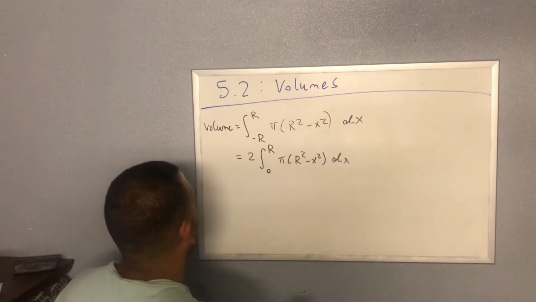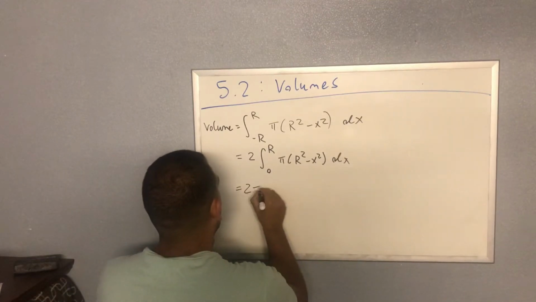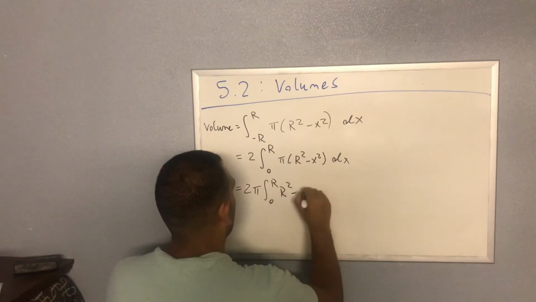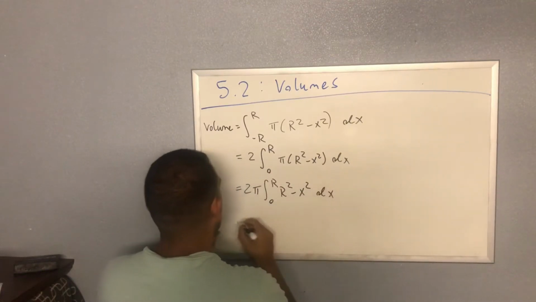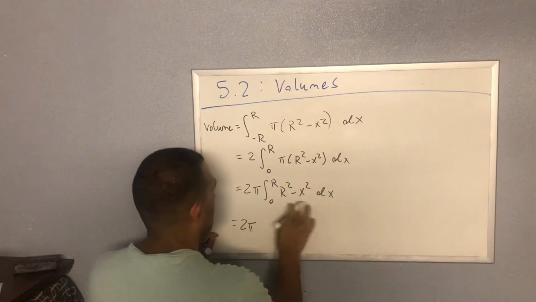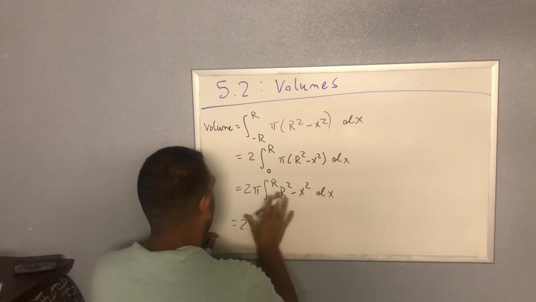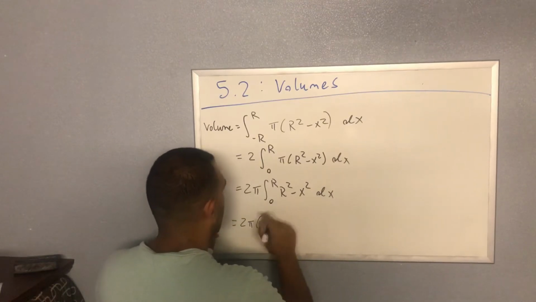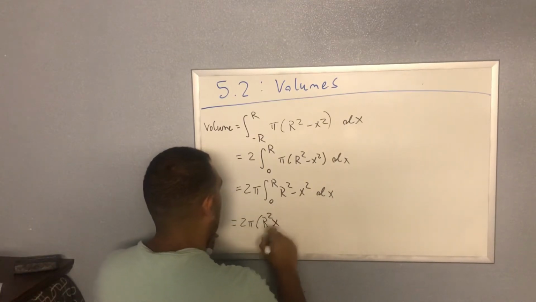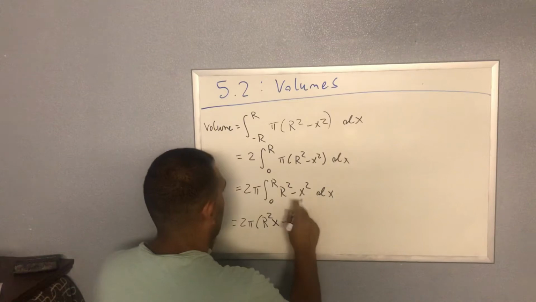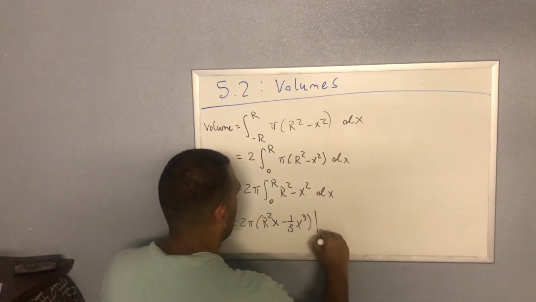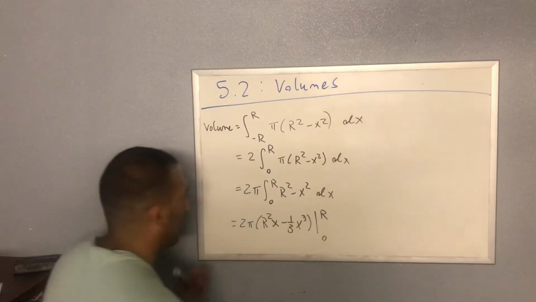And now this just ends up being 2 pi integral from 0 to r of r squared minus x squared dx, which we know how to deal with. We just take each antiderivative separately. So this is now 2 pi times the antiderivative of this: because it's a constant, you just tack on an x, and because of the power rule, this is 1/3 x cubed, and we evaluate this from 0 to r.